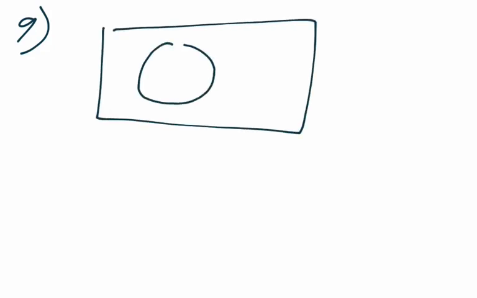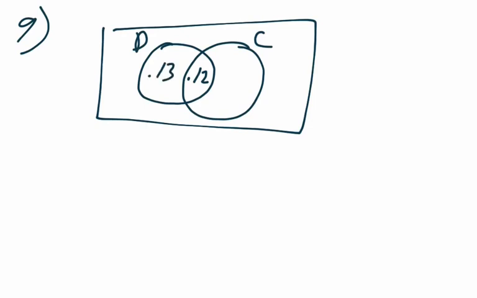So problem number 9, they want us to make a Venn diagram for dogs and cats. So, probability that they own both a dog and a cat is 0.12. The probability that they own a dog and not a cat is 0.13, so that circle can add up to be 0.25.